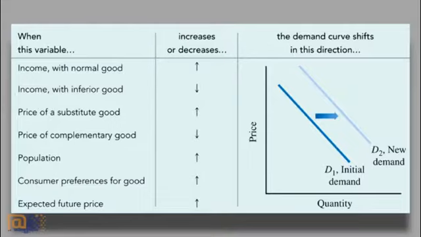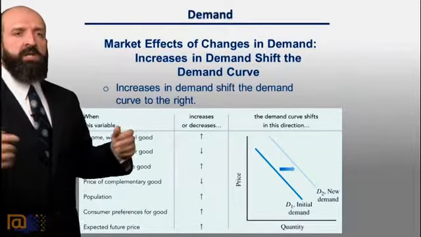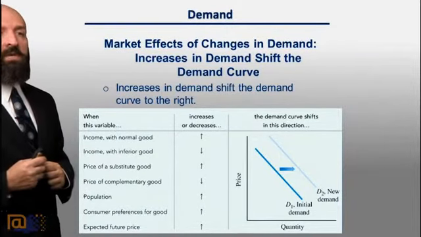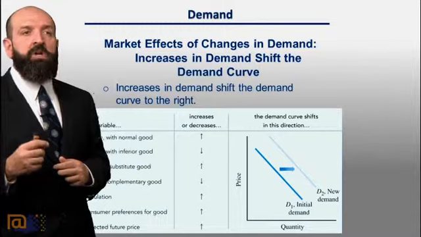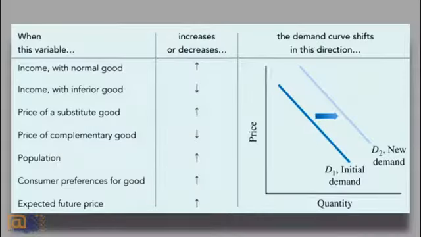If the price of a substitute product goes up, that will actually shift out the demand curve for your product. If the price of a complementary good goes up, that will actually decrease demand for your product, and your demand curve will shift inward. Population. If we think about the market as a whole, increasing the population will increase demand for the product, and that will shift the demand curve to the right.